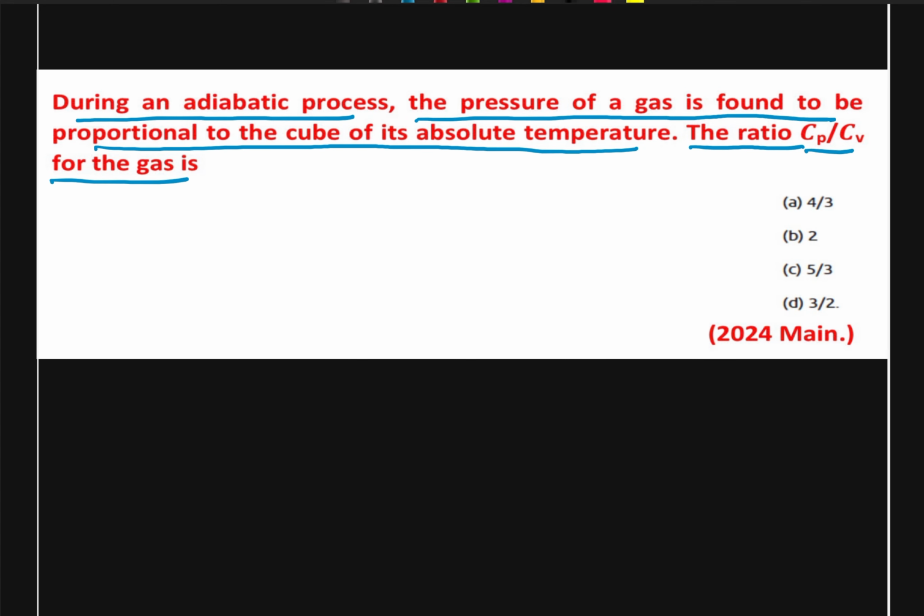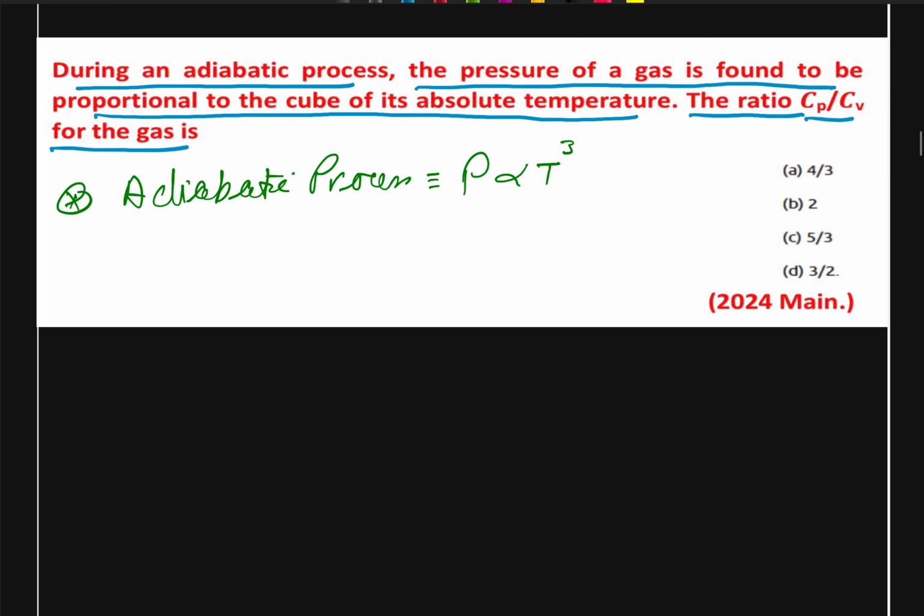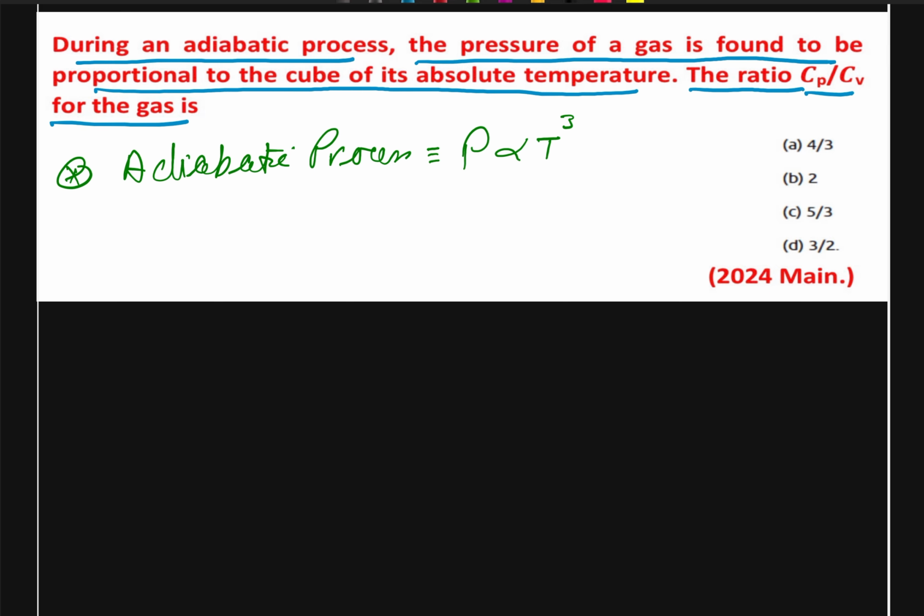Therefore, we can write that we are given an adiabatic process, and this adiabatic process states that pressure is directly proportional to the cube of our absolute temperature. But we also know that for an adiabatic process, PV to the power gamma is equal to constant.